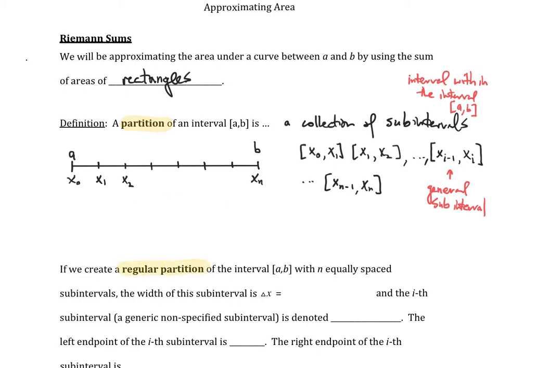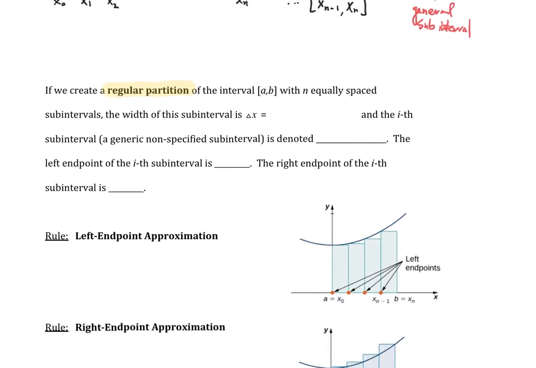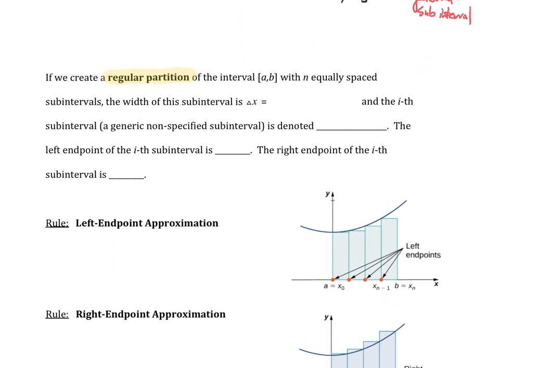So let me push this page up a little bit. If we create a regular partition of this interval AB with n, now here's the important thing, they're equally spaced. So a general partition does not have to be equally spaced, but a regular partition means that it's equally spaced, all right? So we've got n equally spaced subintervals.